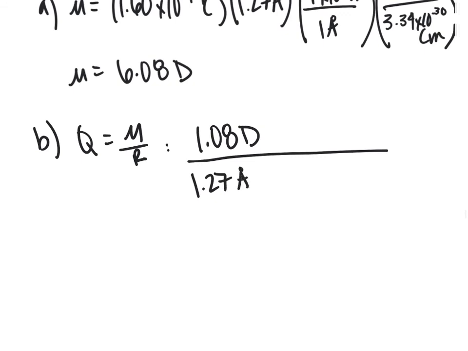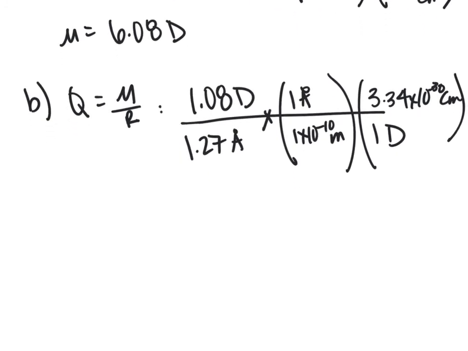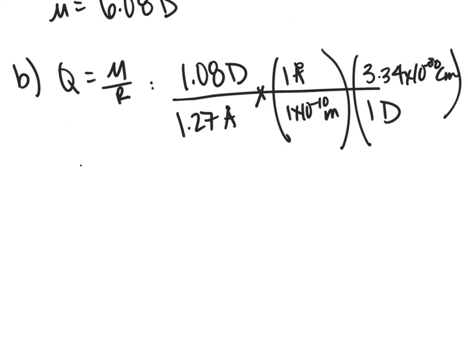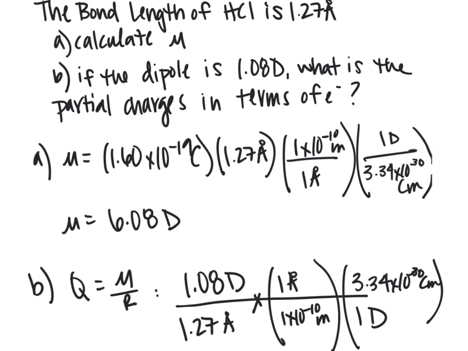Now we need to convert. 1 angstrom is 1 times 10 to the negative 10 meters, and in 1 debye there are 3.34 times 10 to the negative 30th coulomb meters. When you plug this into your calculator, you get that the charge equals 2.84 times 10 to the negative 20th coulombs. However, the question asks for this in terms of e minus.